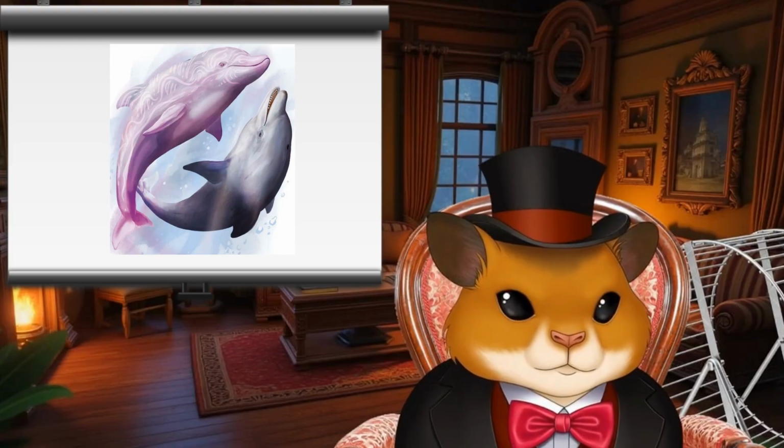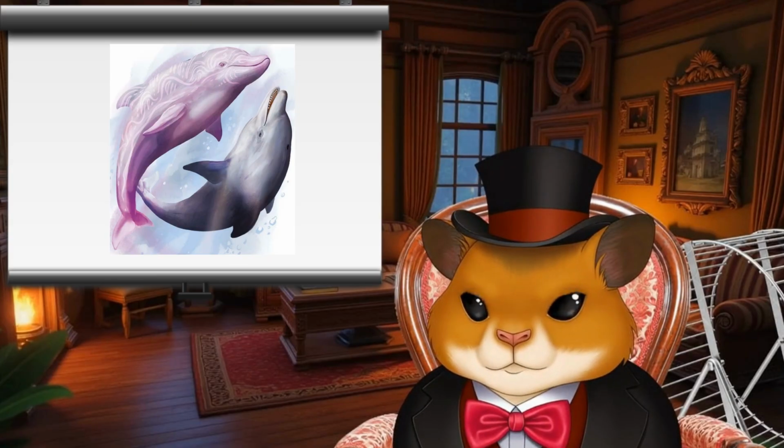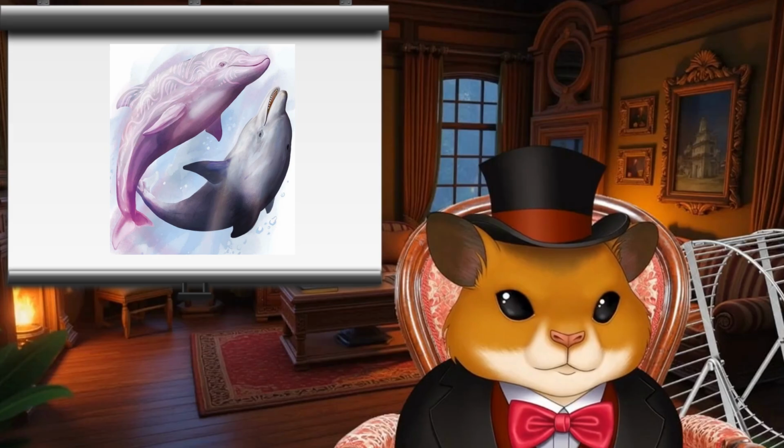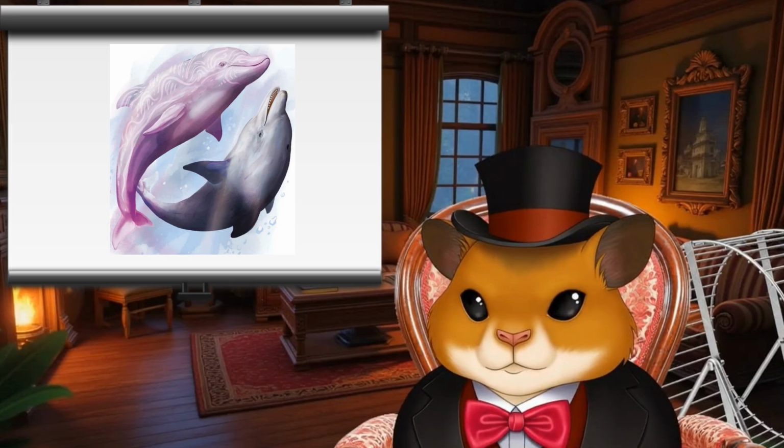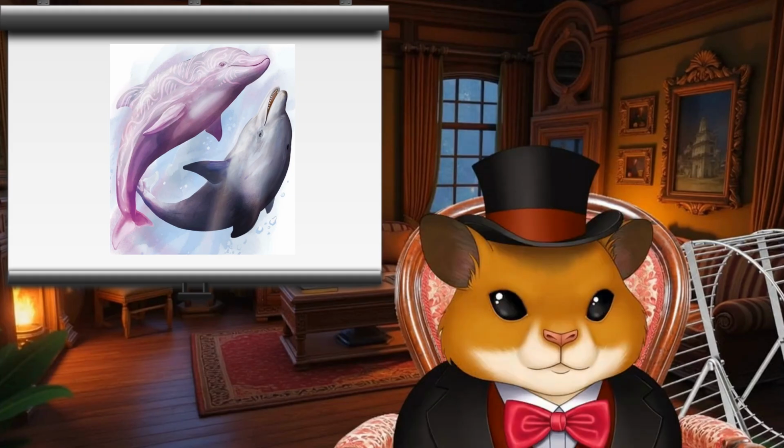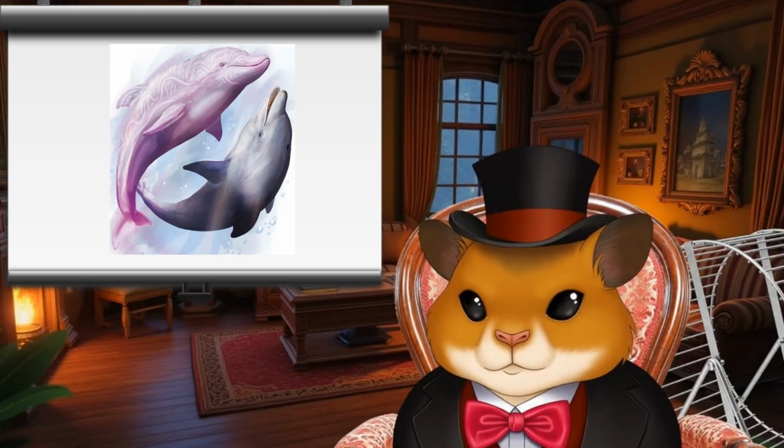I do want to mention something that I did not write in the script, something that I always like to talk about, is that I have dolphins as an intelligent race. Probably not really suitable for a player character, because they don't have hands with which to manipulate weapons or cast spells, so they probably can't really be player characters.